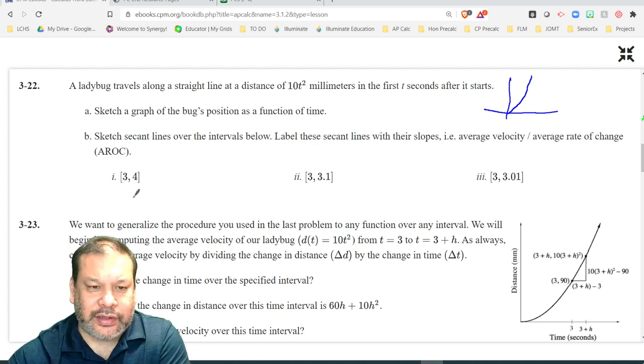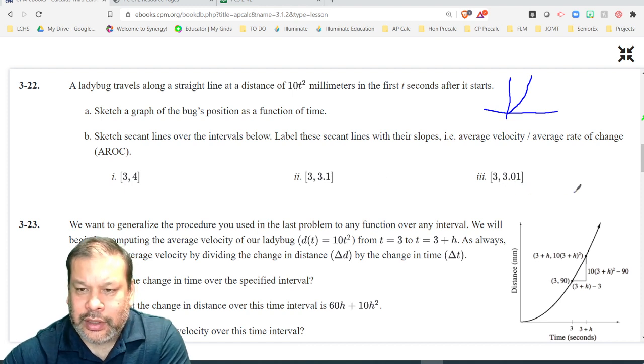We're looking at this in the intervals of 3 to 4, 3 to 3.1, and 3 to 3.01. You see that h goes from a difference of 1 to 0.1 to 0.01, which means it's going to 0.